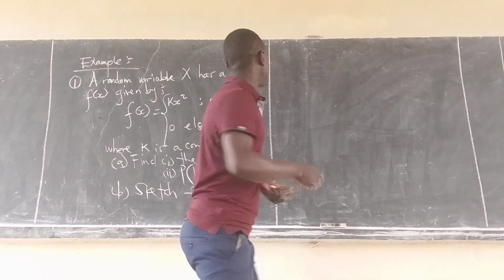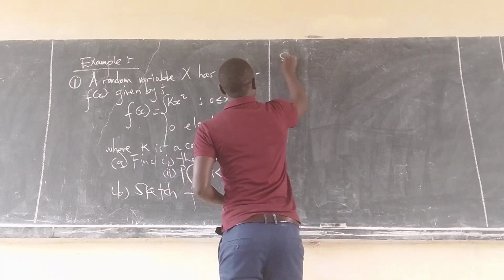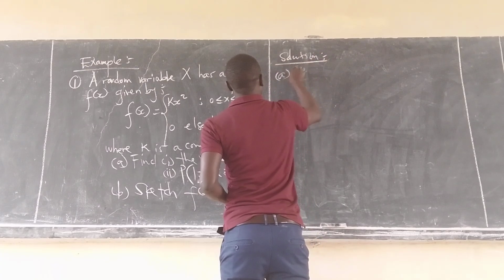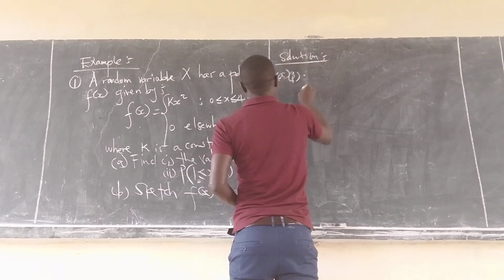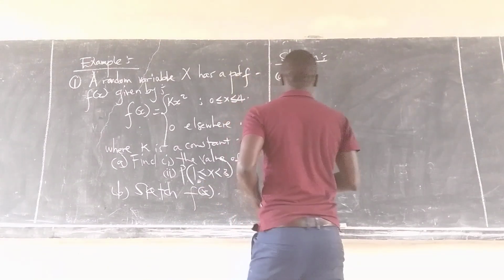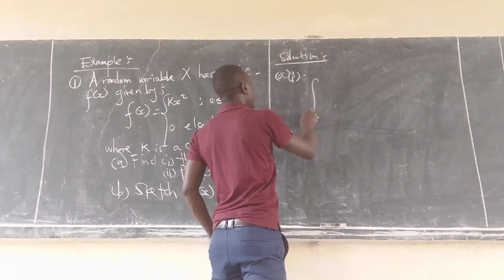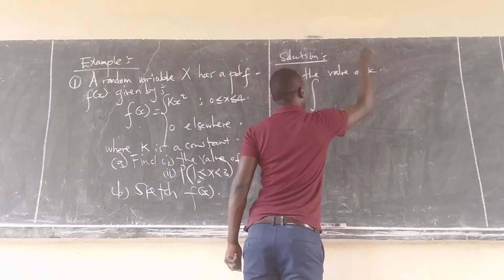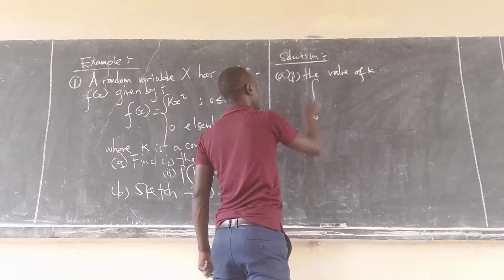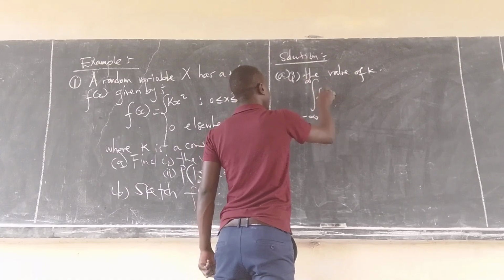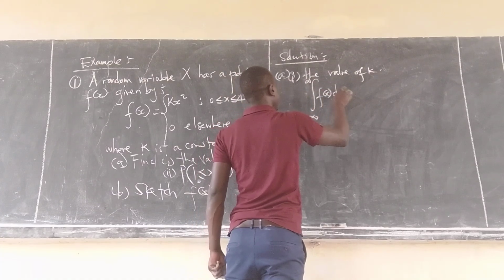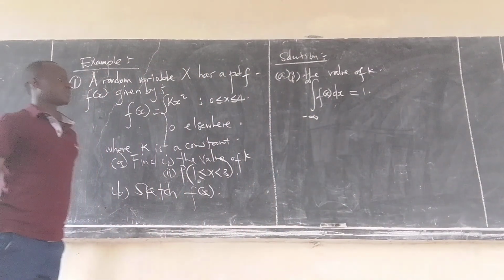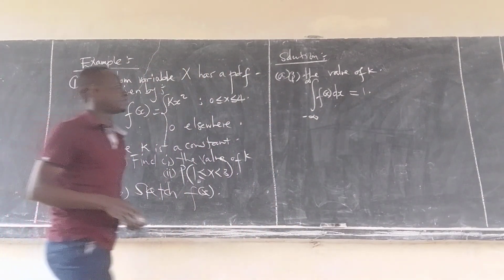So in part A, Roman 1, we agree that if you want any unknown, when you integrate from negative infinity to positive infinity the PDF with respect to x, the answer should be 1.